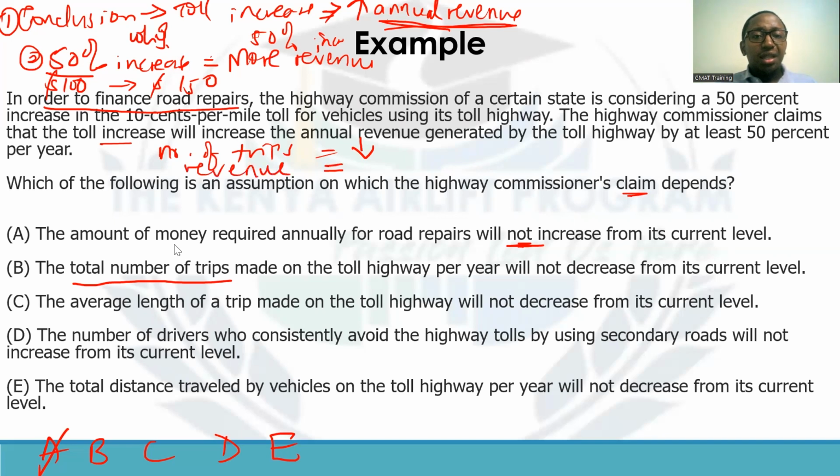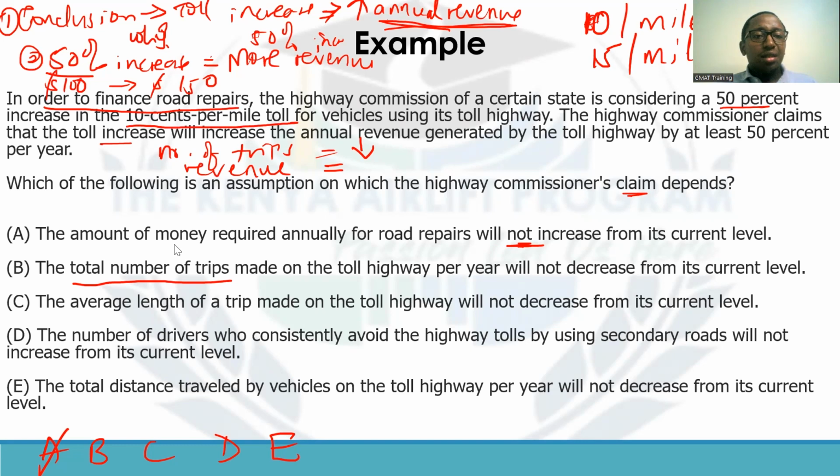Remember that there is a 50% increase in the 10 cents per mile toll. So a driver who was paying 10 cents per mile is now paying 15 cents per mile.